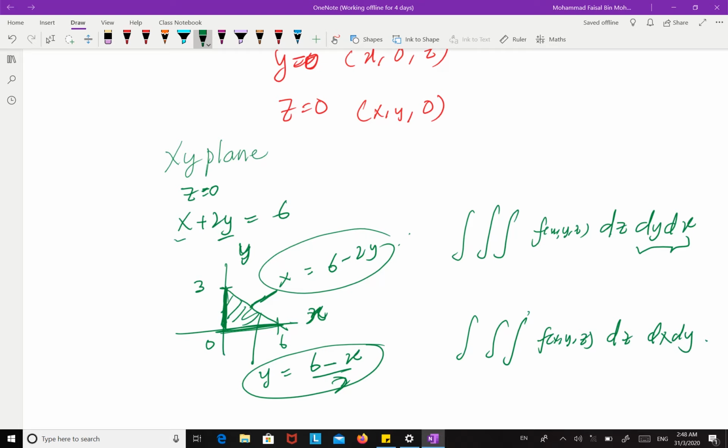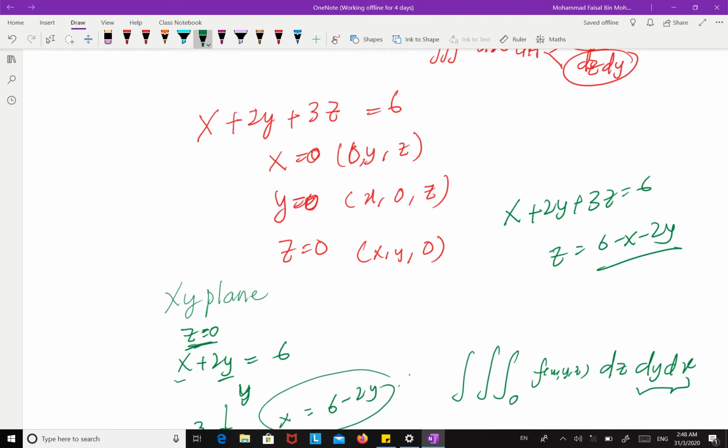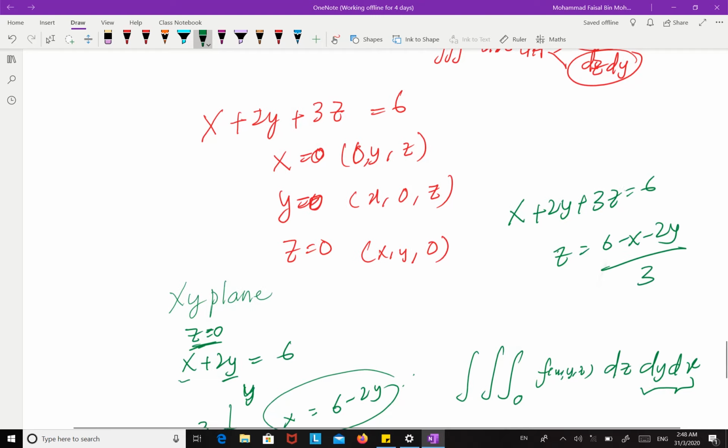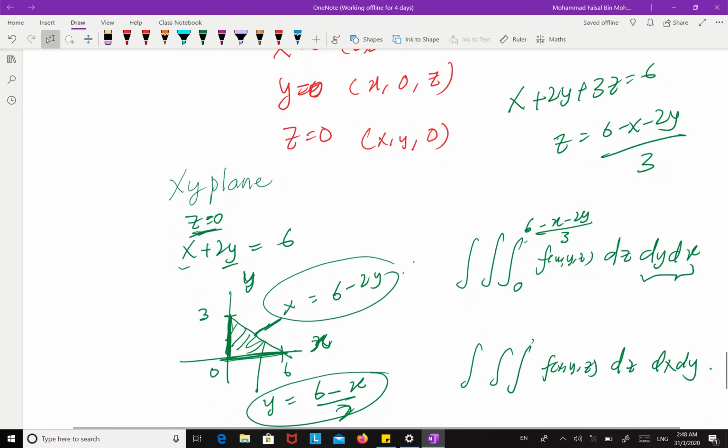Remember your z is 0, and you are given that x plus 2y plus 3z equals 6. So your z should be (6 minus x minus 2y) over 3, the upper limit of z. Now y depends on type 1 or type 2.